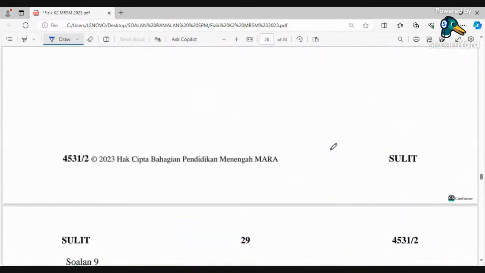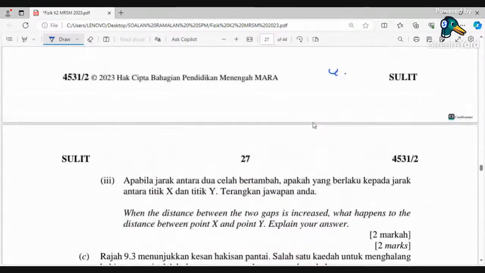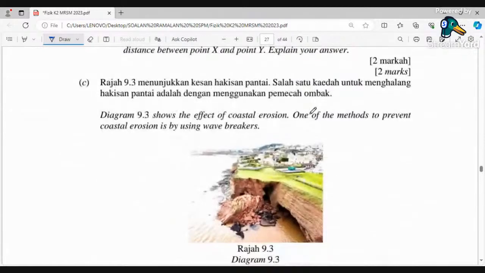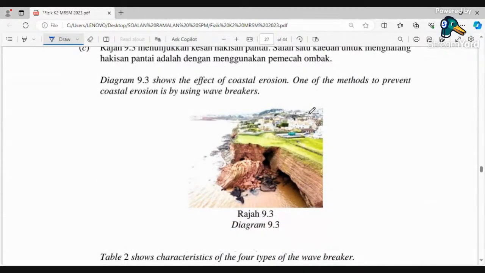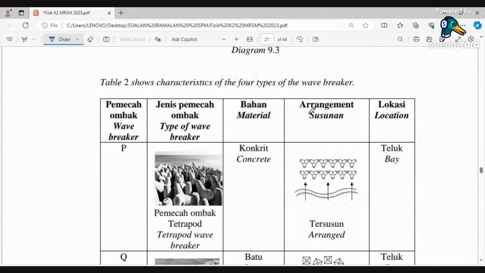Okay, tengok bahagian C. Effect of coastal erosion. One of methods to prevent coastal erosion is in wave breaker. Okay, characteristic of four waves of the wave breaker.